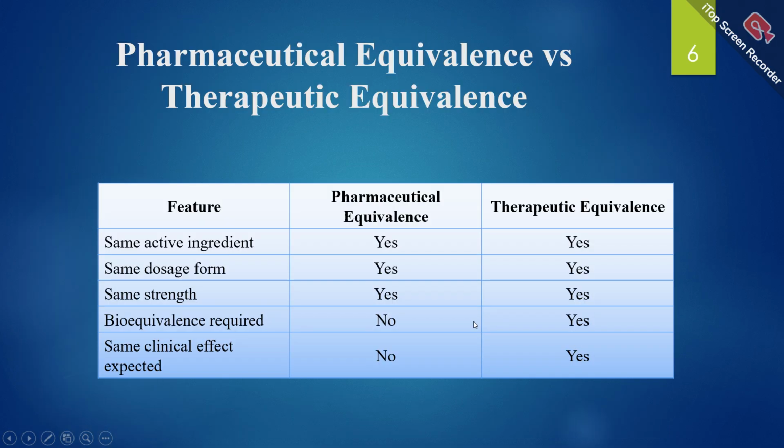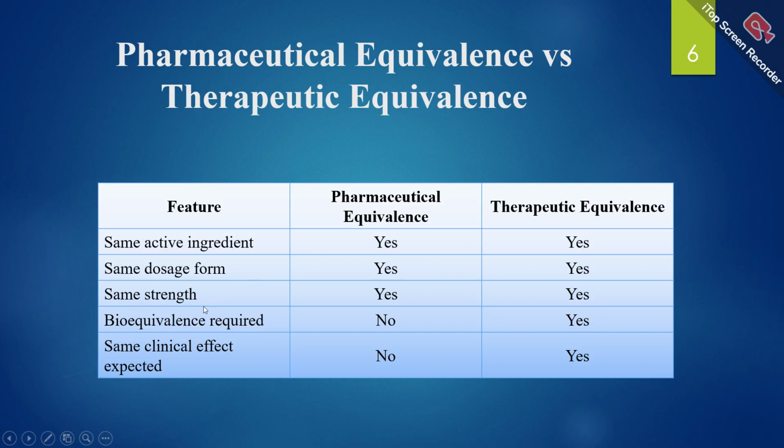Next, pharmaceutical equivalence versus therapeutic equivalence. See here, if both the products are having the same active ingredient, that is the drug substance, if the API is same, then both will be pharmaceutically equivalent and also therapeutically equivalent. And if the dosage form is also same, then both are pharmaceutically equivalent and therapeutically equivalent.